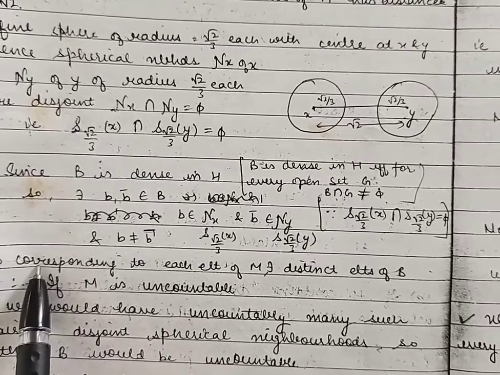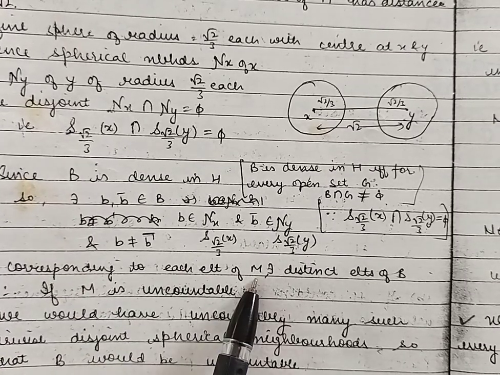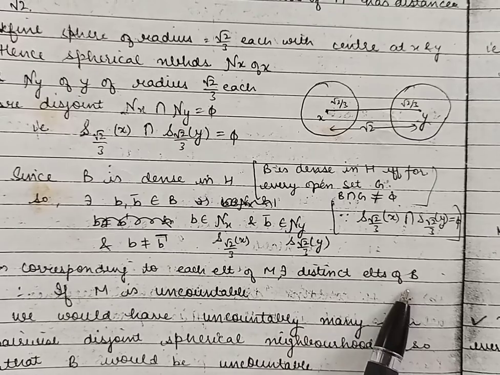So corresponding to every element of M, we have two distinct elements of B.